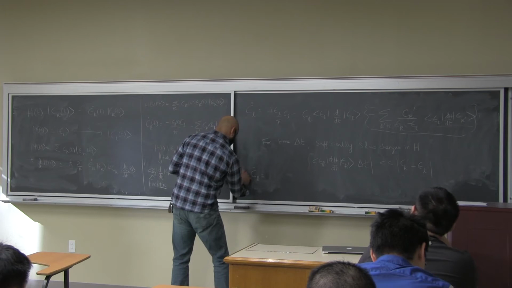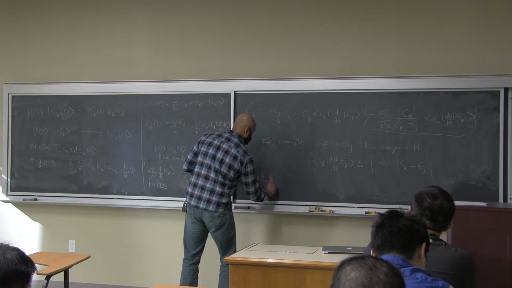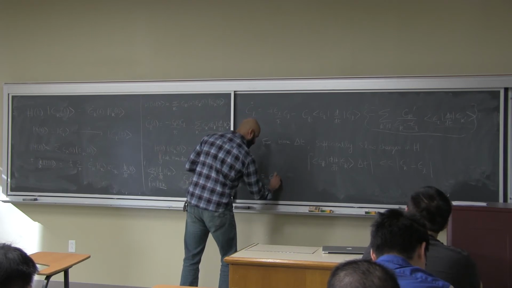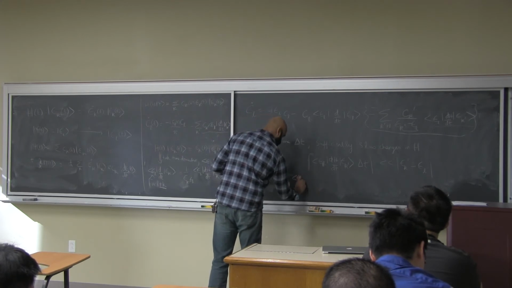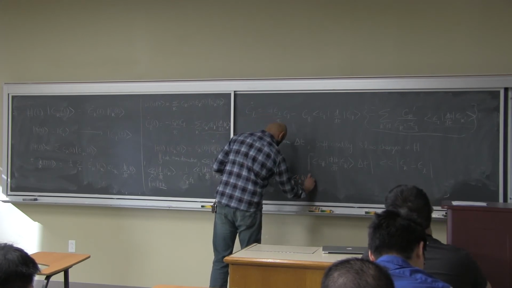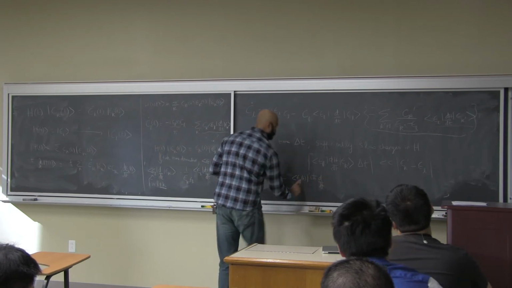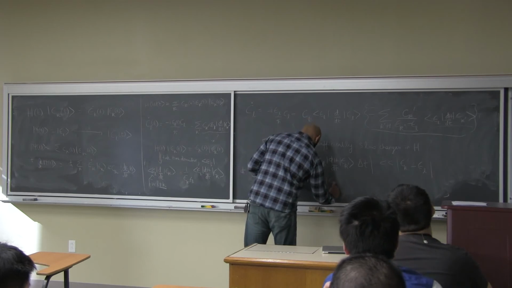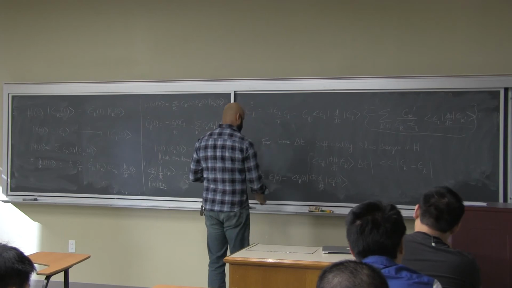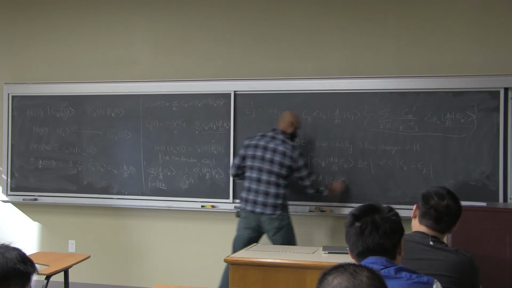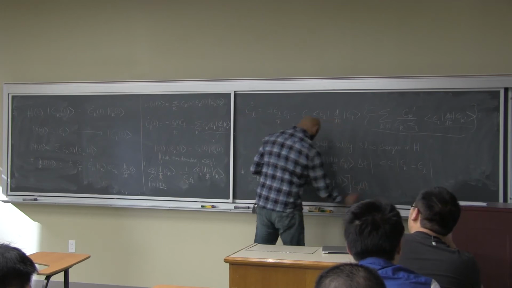So i h bar CL dot is approximately equal to now epsilon L of t minus this interesting term which you may have encountered before. Right?